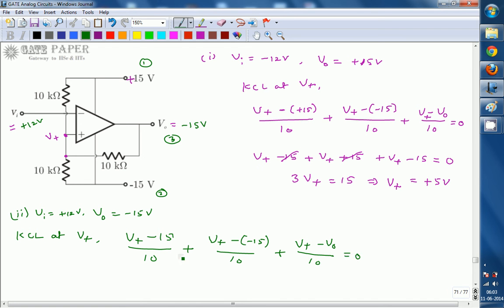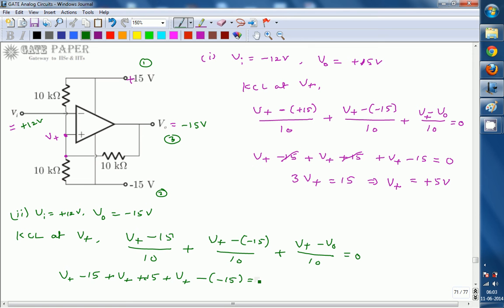The denominator 10 is common, and if it goes to the right side, it will become 0. You will get V plus minus 15 plus V plus 15 plus V plus minus V naught. Minus V naught is nothing but minus of minus 15.